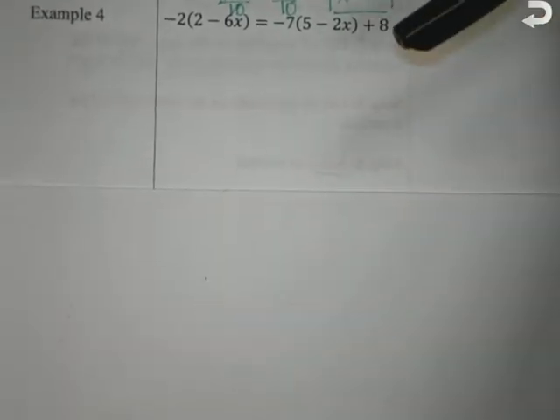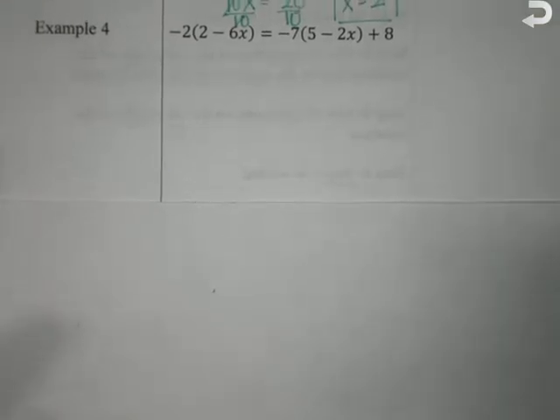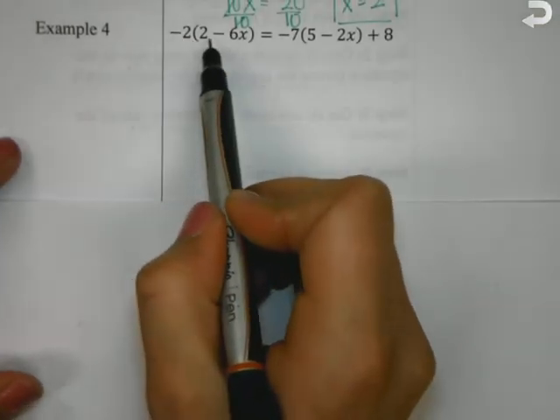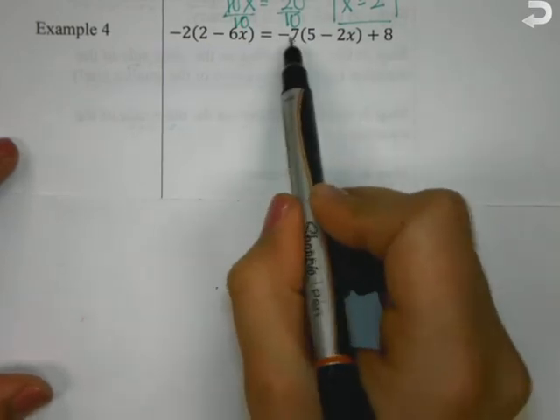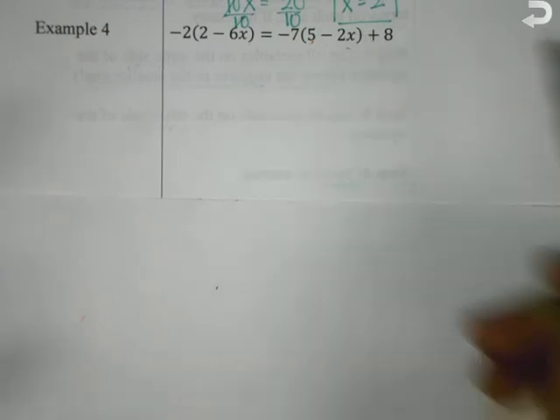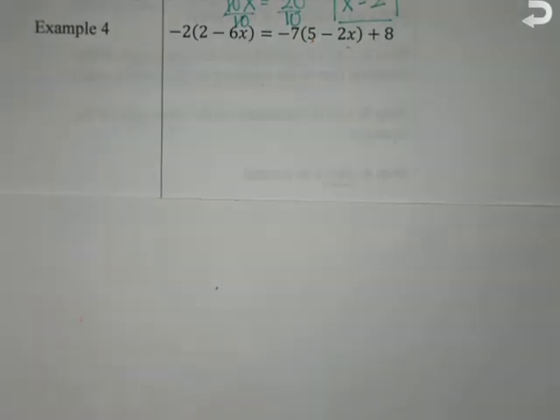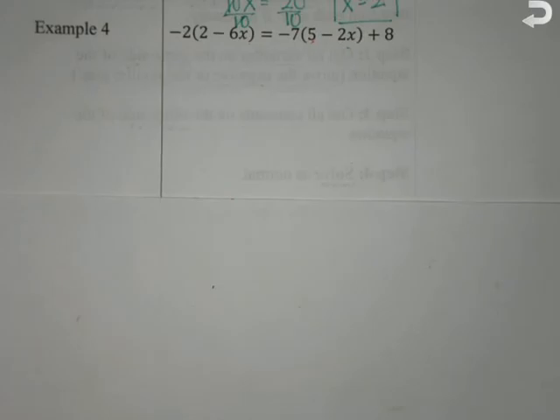We have -2 times 2 minus 6x equals -7 times 5 minus 2x, all of that plus 8. Okay. Does anybody see distributive property anywhere? Twice. Yes, twice. So distribute twice then for me, please. So -2 gets distributed. So that's going to give me -4 plus or minus?